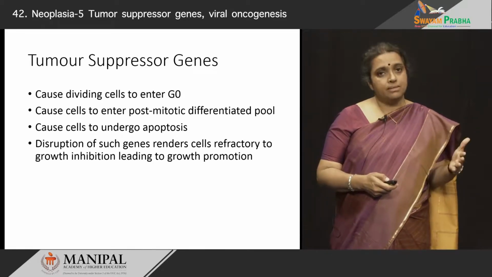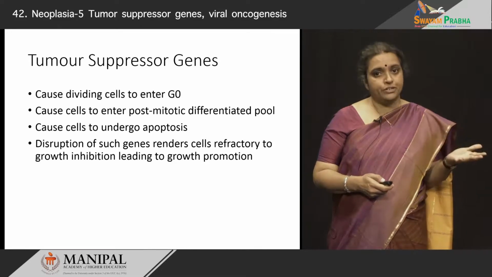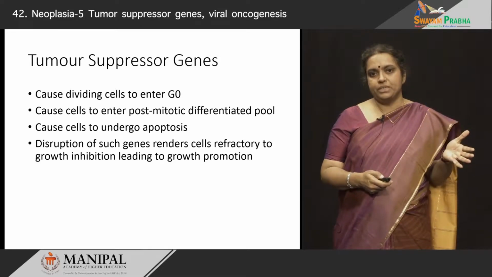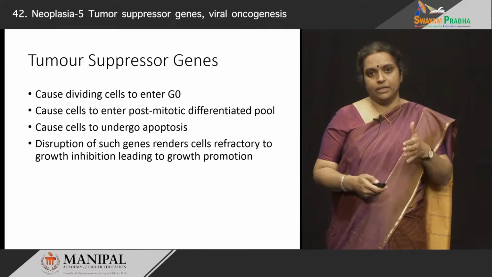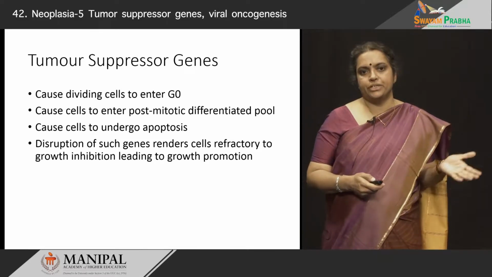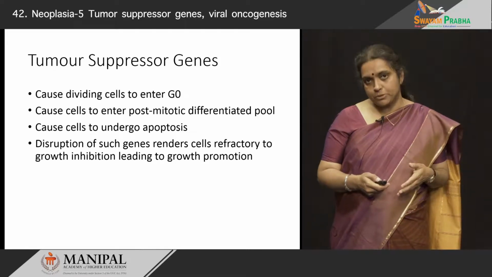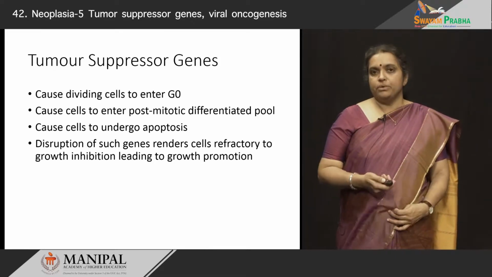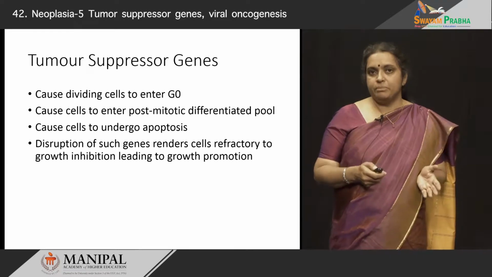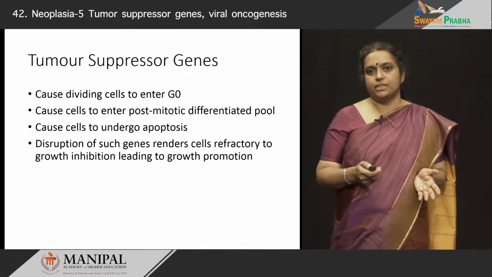As you know, cancer is a mass of very undifferentiated cells. So, the tumor suppressor genes cause cells normally to enter a post-mitotic differentiated pool. They also cause damaged cells to undergo apoptosis. Now, you know that apoptosis is a phenomenon wherein the cells undergo physiological death.